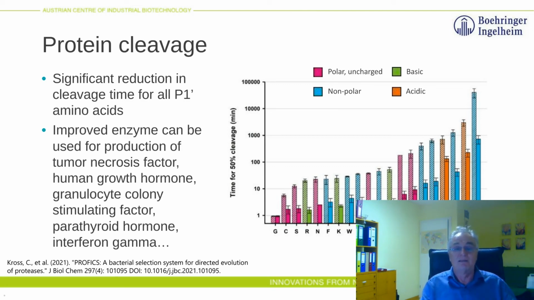But what you have seen here is that a lot of proteins with different N-termini can now be cleaved within less than 1 hour, and when proline is the authentic N-terminus, it can be cleaved also in a couple of hours.